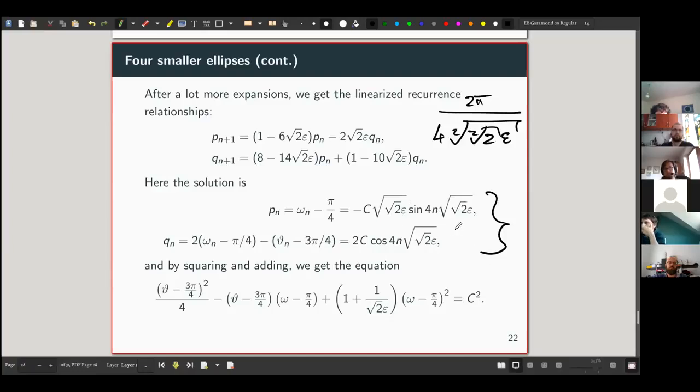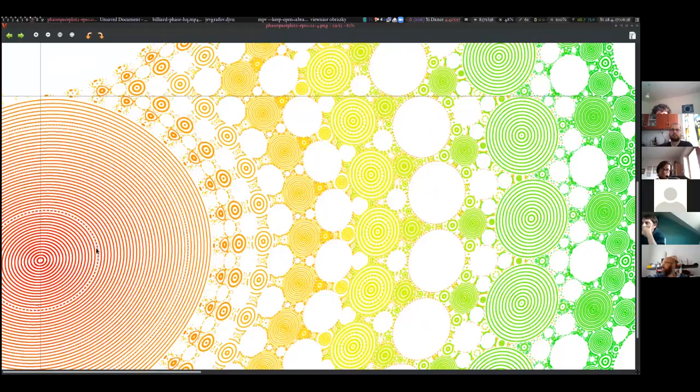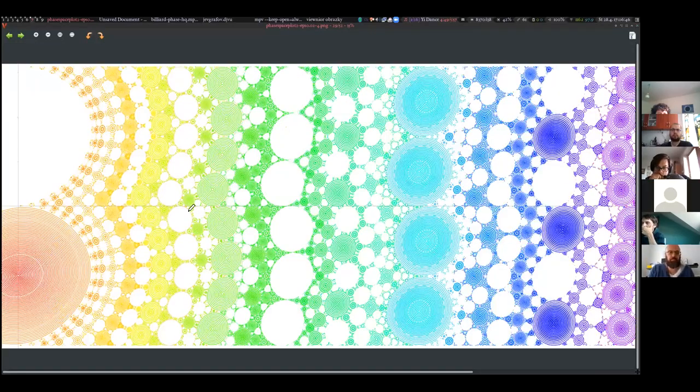There is also one peculiar thing. It's not really visible in this picture, but all of those ellipses, except for the big stack here, have quite similar ratios of their axes.